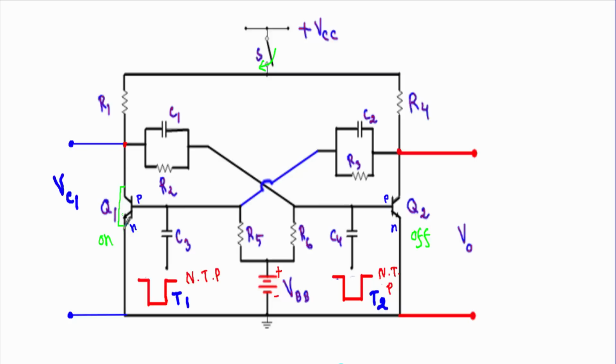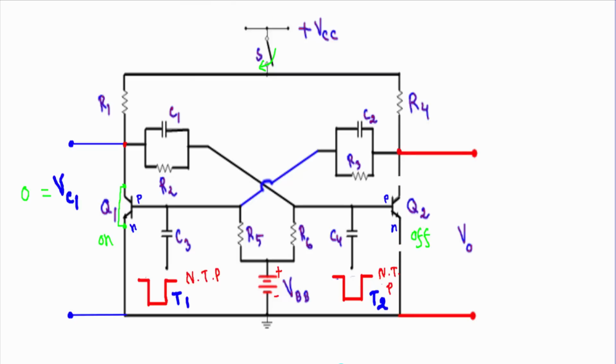As transistor Q1 is in on state, the collector and emitter terminals will get shorted, and the voltage across the collector to ground terminal will be equal to 0 volt, because we are taking the output across a short circuit. In case of transistor Q2, as it is in off state, the collector and emitter terminals will get disconnected from our circuit.